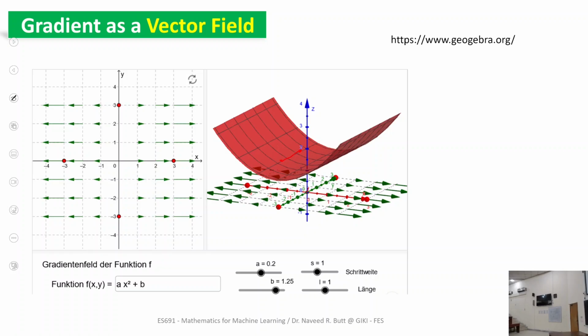Wherever you are, कोई एक point ले लें. If you move along y, nothing changes. The only reason it changed from here to here is because you moved along x, right? So the vector field is telling you that to get maximum change is along x. Not only that, what else are they telling?